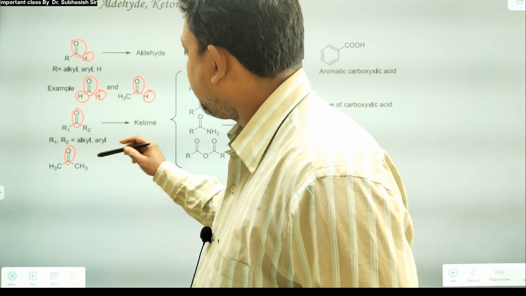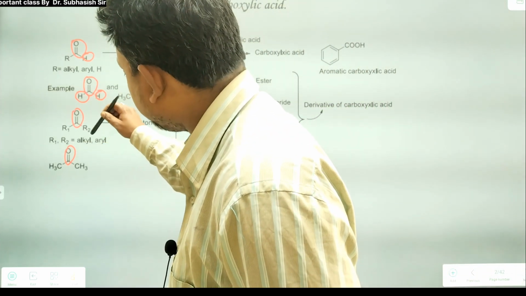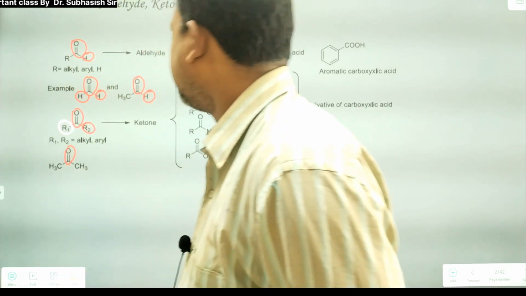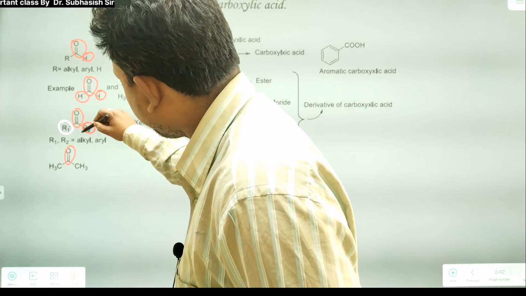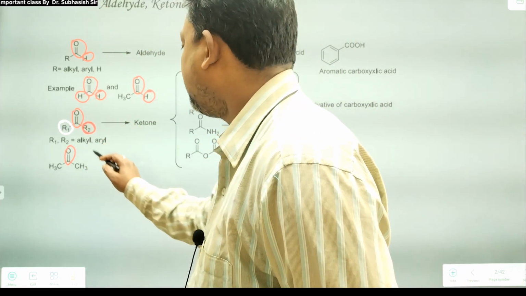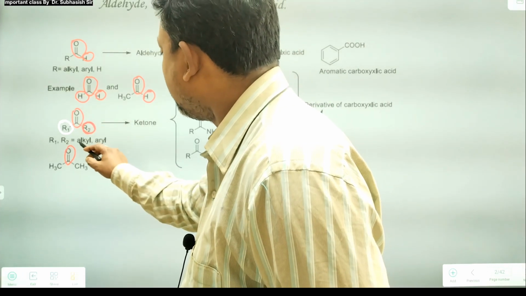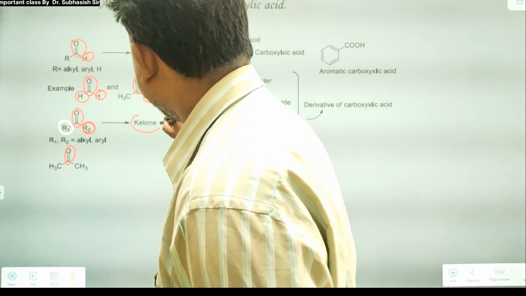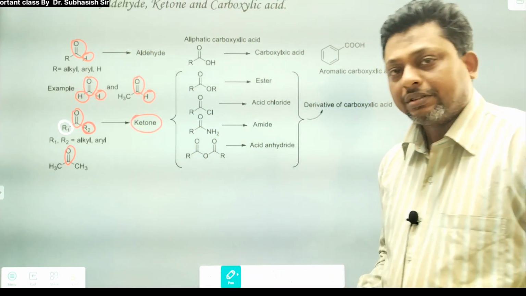And if there is no hydrogen, then we call it a ketone. In this case R1 and R2 are alkyl or aryl groups, so there is no hydrogen, so this is called a ketone.